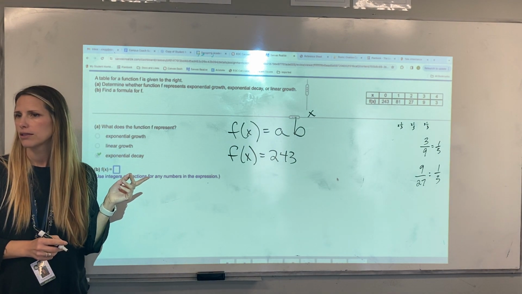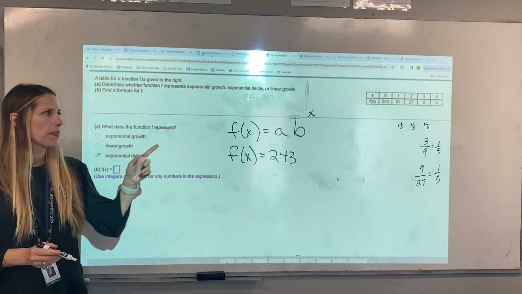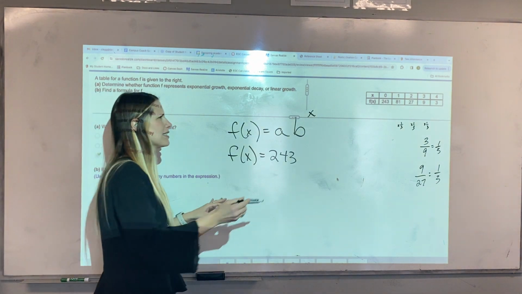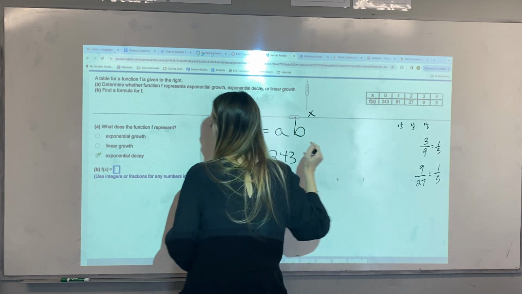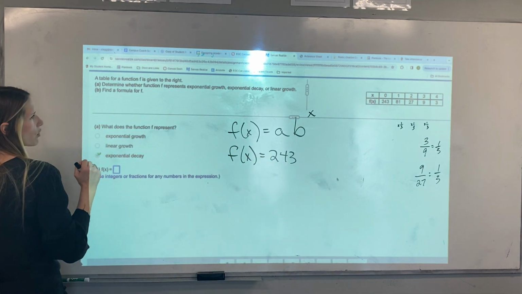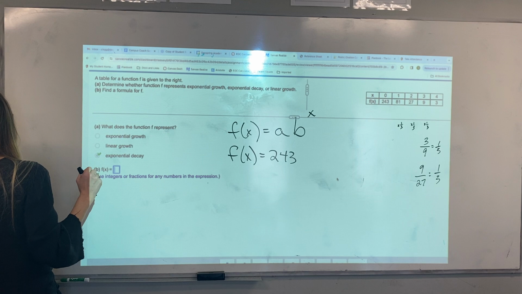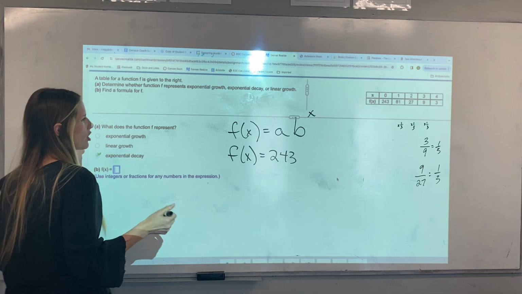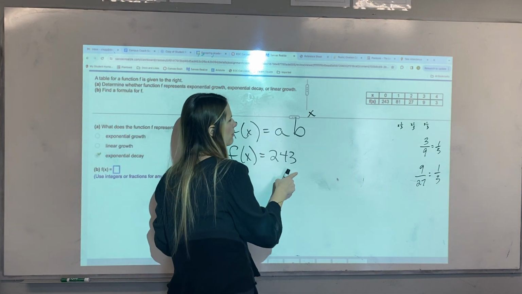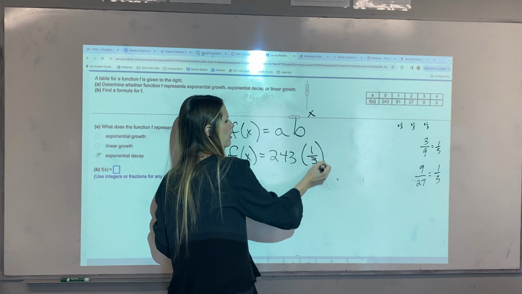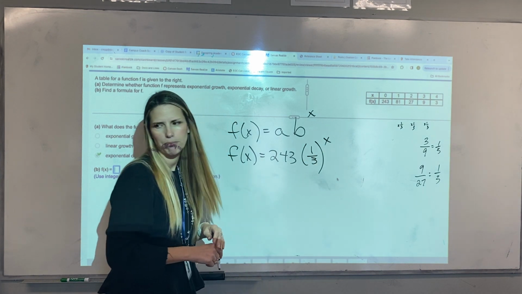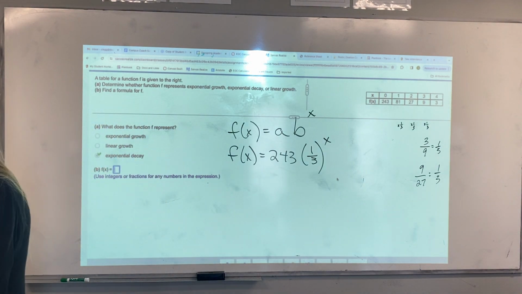Yes, very good. Because if this is where it's starting, x is 0 on the graph, it's basically asking for the y-intercept. So 243 would be where it's starting, and then it's going down. So 243, and then the constant ratio is, for me, 1/3 to the x power.